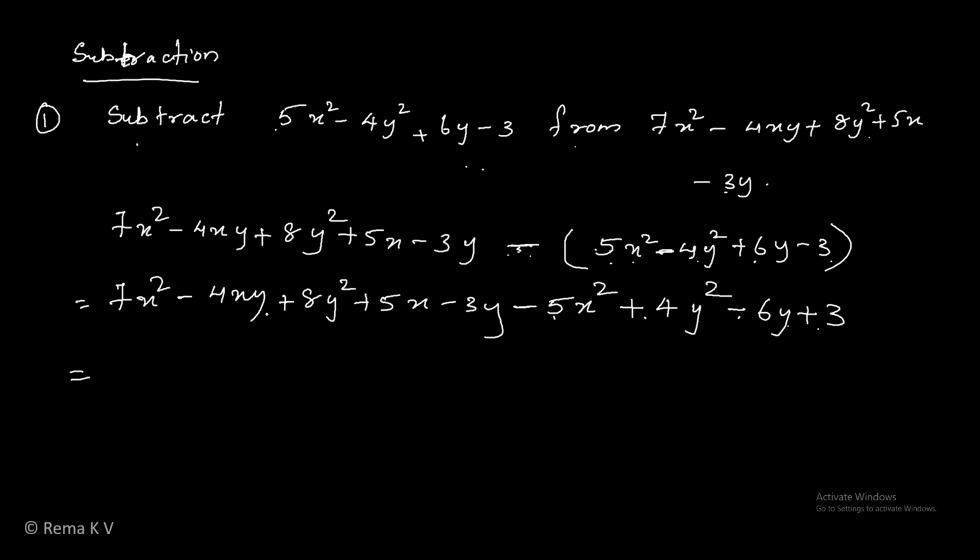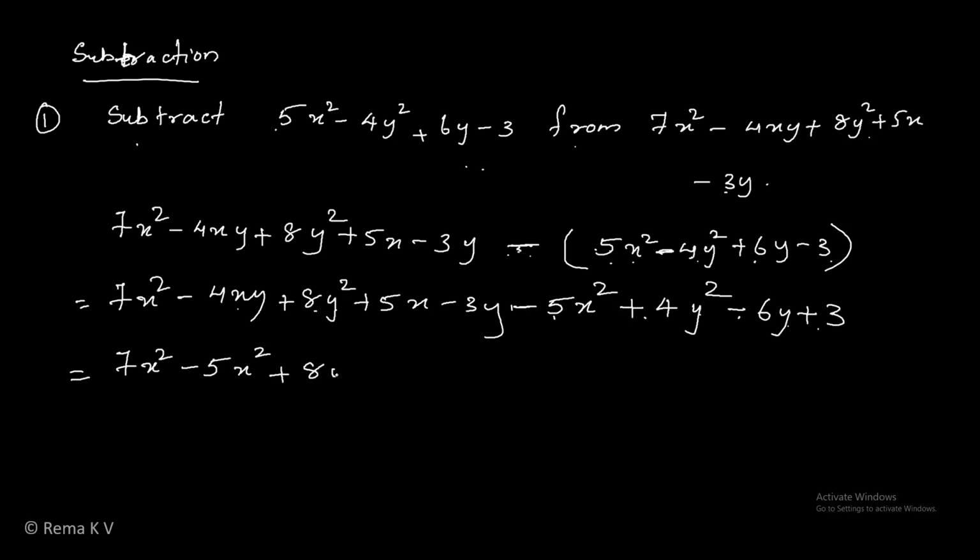Which are the like terms? Seven x square and minus 5x square. Let us group them. Then the next term is minus 4xy. Here there is no term to group with this, so let us consider the next one. 8y square, and here it is 4y square.